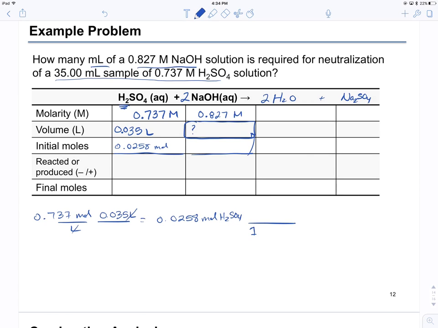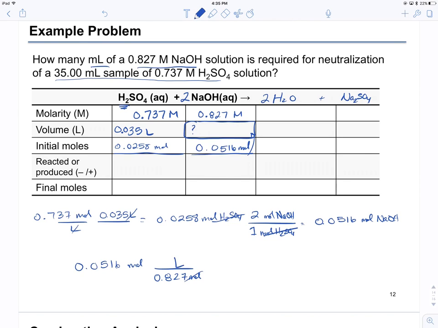Well, for every 1 mole of H2SO4, I need 2 moles of NaOH. And that means that I will need 0.0516 moles of NaOH. The molarity of my solution is 0.827 moles per liter.